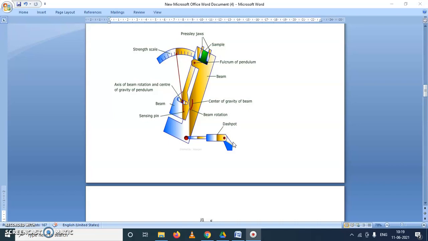You use that in your homes. Why do we use it? To restrain sudden movements. So here also, due to this dashpot, inertial errors are reduced.